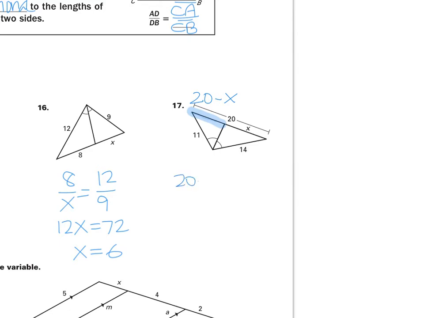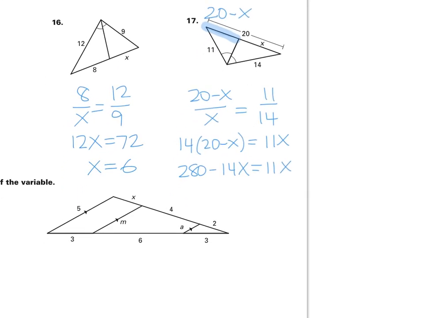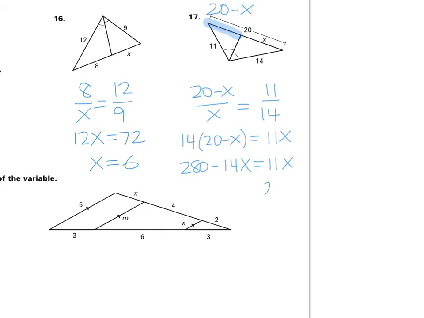So you have 20 minus x over x equals 11 over 14. Solving, x equals 11.2. It's a decimal.